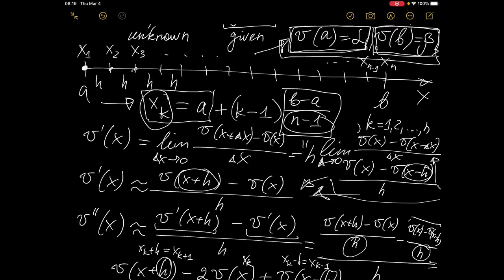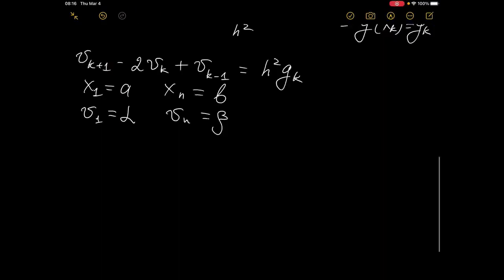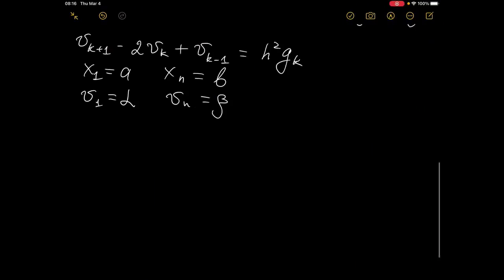Okay, now we can write this as a system of linear equations. Essentially it will look like that: 1, 0, 0, and so on.